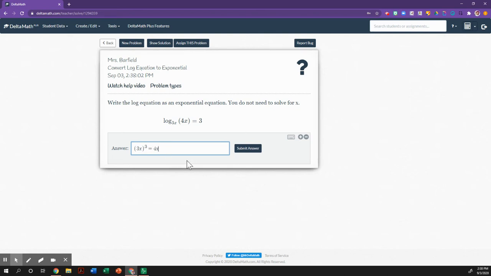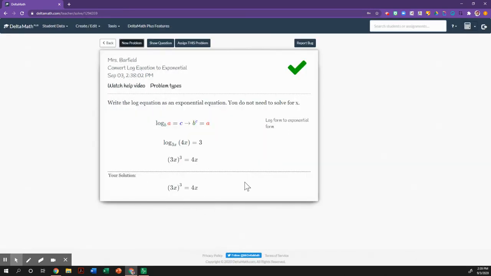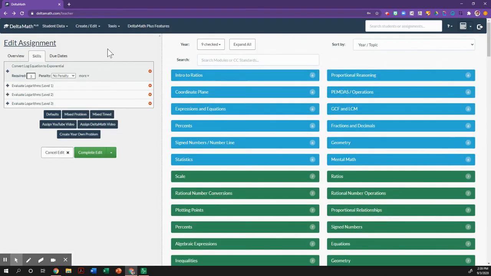When I have a complex base like 3x, that whole base is in parentheses raised to the third power. If I had left off the parentheses, I would have been typing in 3x to the third, and that's not okay. Submit my answer. Notice same thing. So that's how you do your first set of problems on Delta Math.